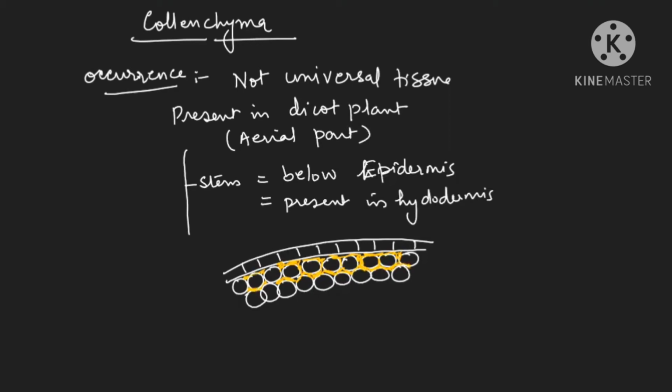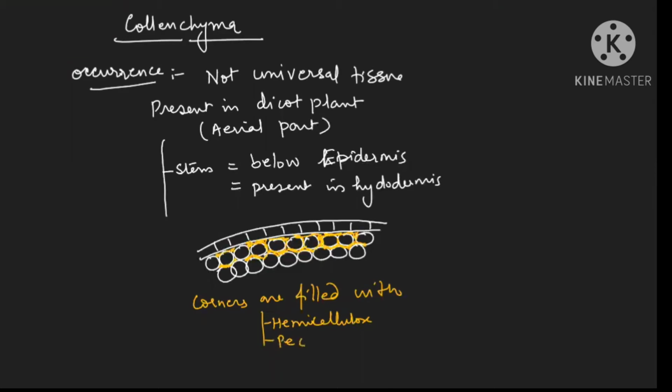So corners are filled with which chemical? Hemicellulose and pectin. Two chemicals in which pectin is hydrocolloid. This is important. Pectin is hydrocolloid.